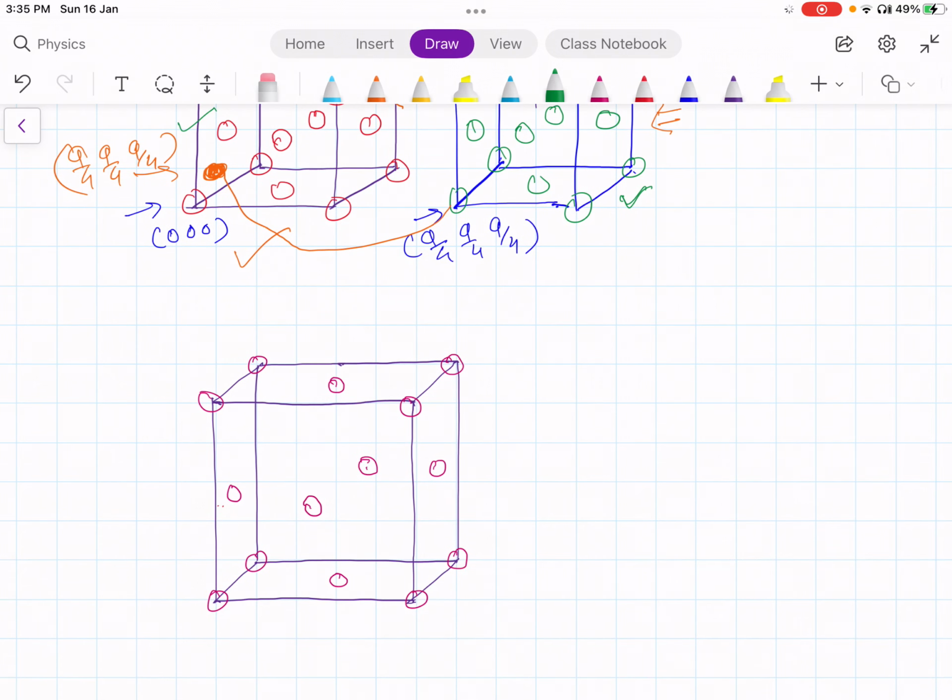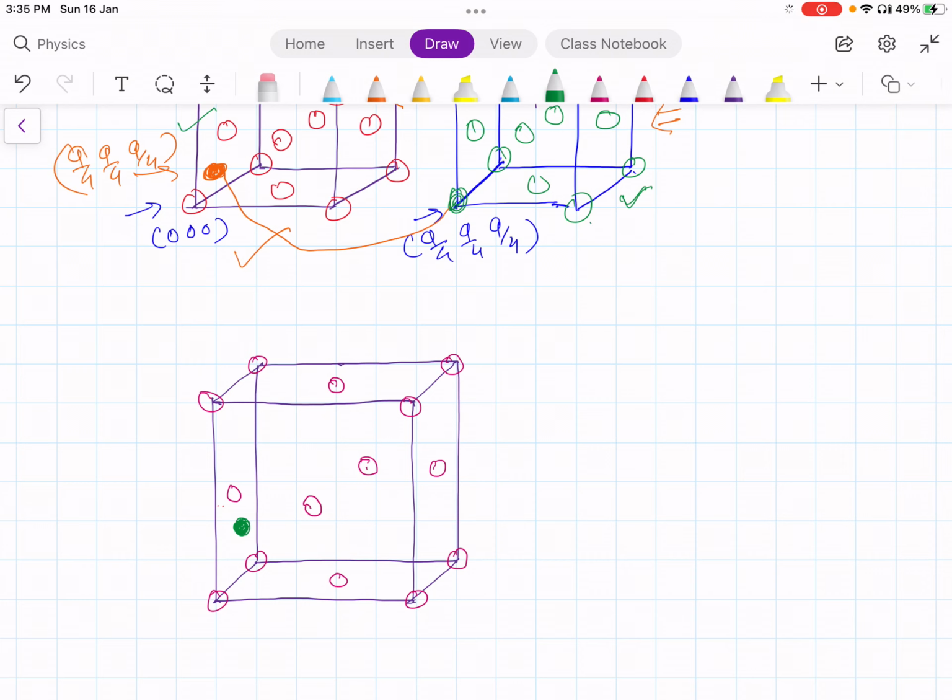This atom is at the position a by 4. I am showing this color filled just to identify which are the inside atoms and which are the FCC atoms.